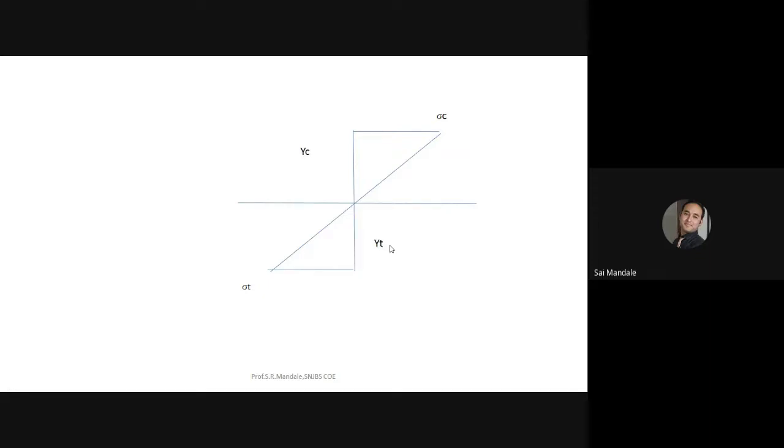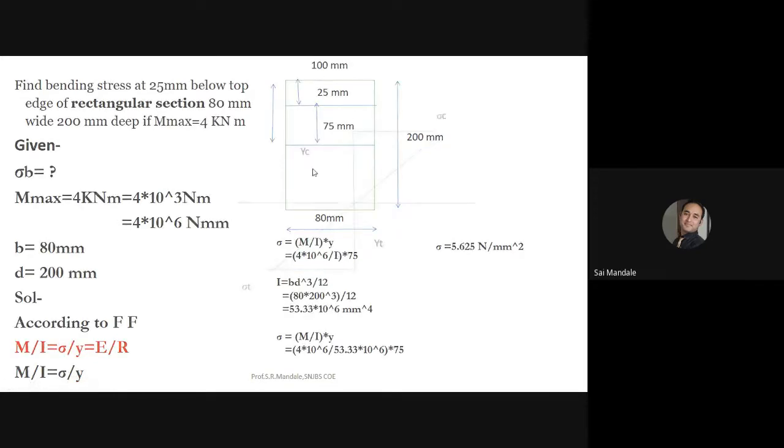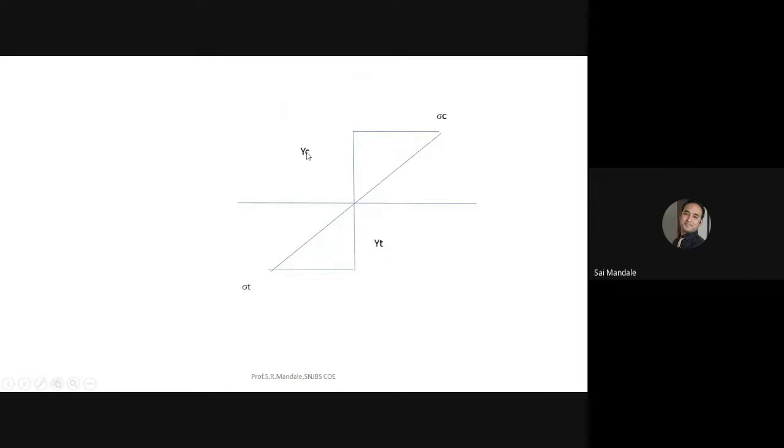What do you mean by Yc and what do you mean by Yt? Anybody? Kalyani Chavan. Can anybody tell me what is Yc and what is Yt? Anybody?